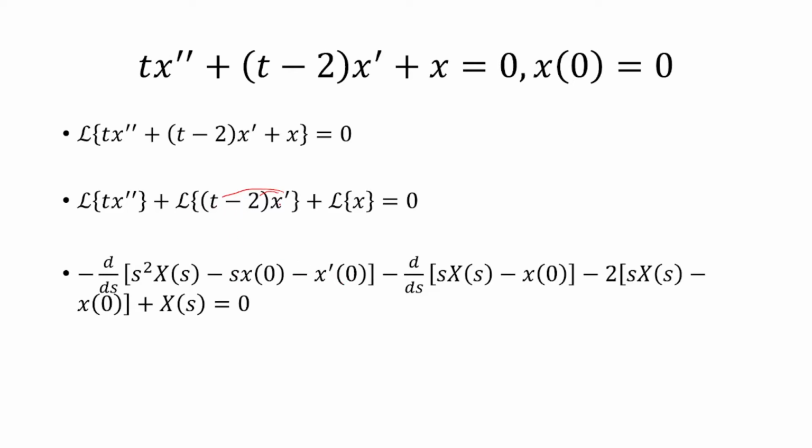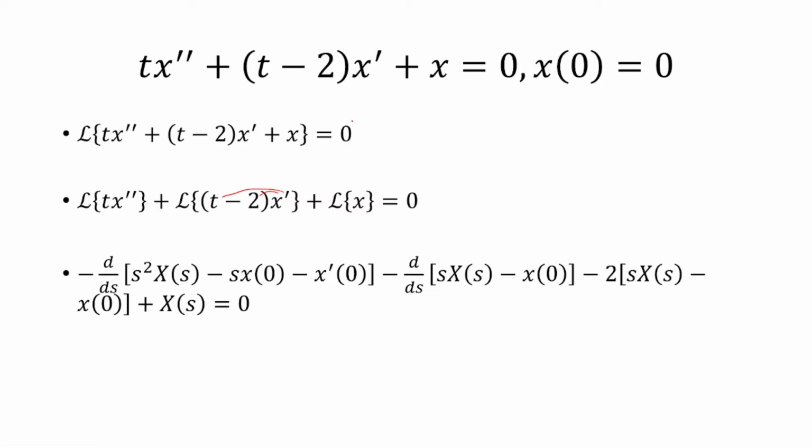Now, t times x prime will be this one, the derivative with respect to s of s times X(s) minus x(0), and the Laplace transform of -2x prime is -2 times the quantity s times X(s) minus x(0). And then finally, the Laplace transform of x is just X(s).